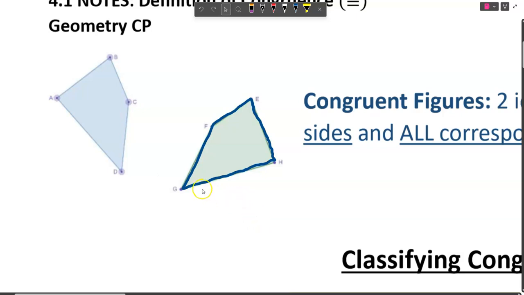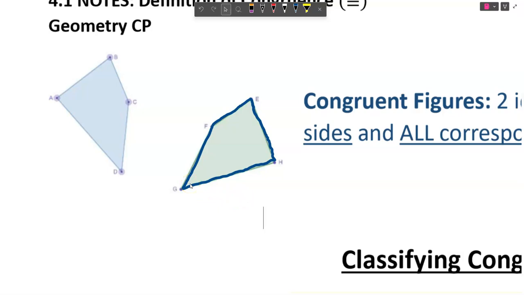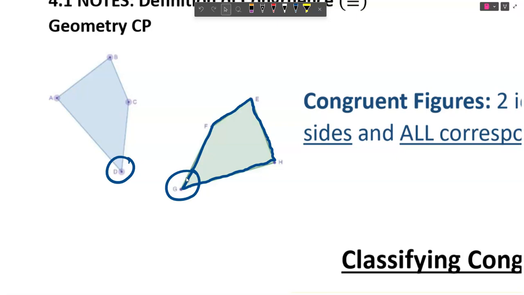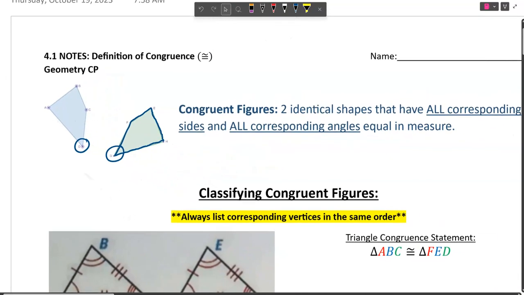More specifically, we could look at each individual component of this shape, the four angles and the four sides, and show that I have four pairs of angles. For example, angle D and angle G are the same angle, because in the old outline that was angle D, and you've seen through that transformation I just showed you that it ends up being the same. So this video is really going to talk about how we can label this and communicate when we know two shapes are indeed congruent.